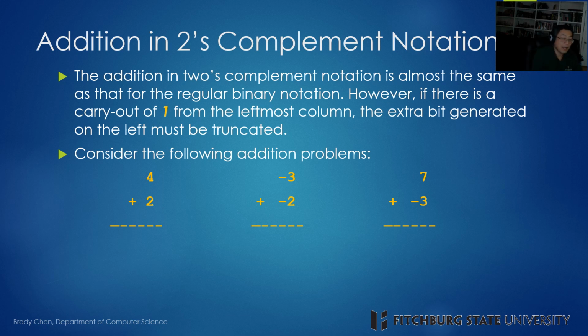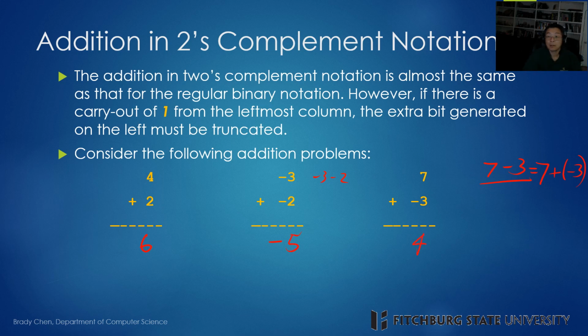This is the same as 7 minus 3, because 7 minus 3 can be viewed as 7 plus -3. The second is -3 minus 2, so it's -5. So the answers should be 6, -5, and 4.